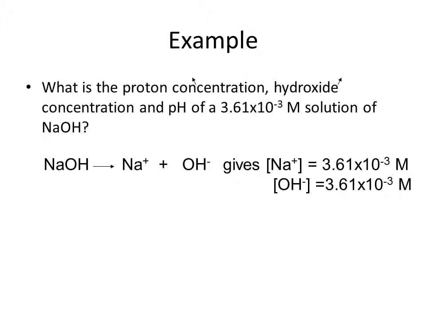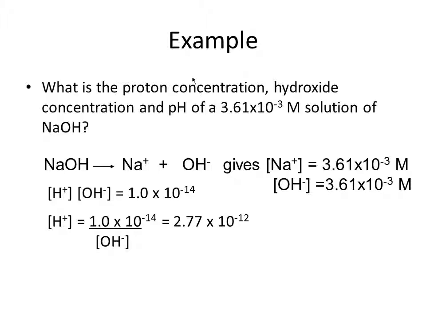Notice that we don't need the sodium ion concentration, it's just there. We do need the hydroxide ion concentration. So let's start with that. Our hydroxide ion concentration will determine our proton concentration. We can write that proton concentration times hydroxide concentration is equal to 1 times 10 to the minus 14.